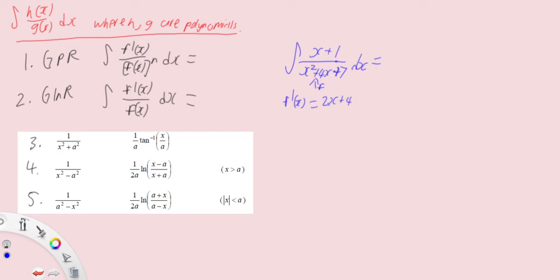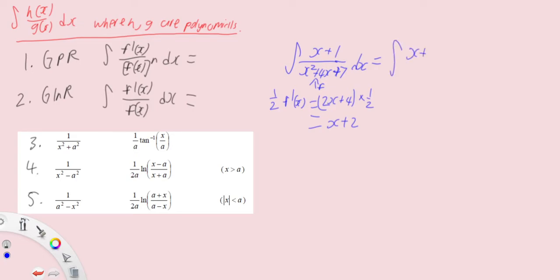But here we have only x plus 1. So if you try to multiply by a half, we will only have x plus 2, which is again 1 short. So what do we do? Well, we just add a constant.